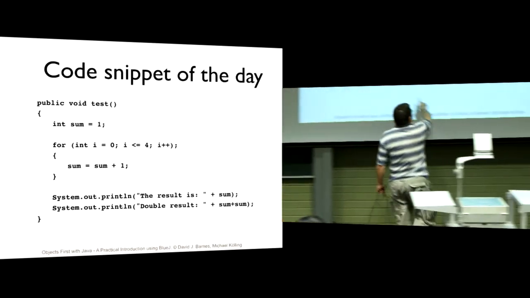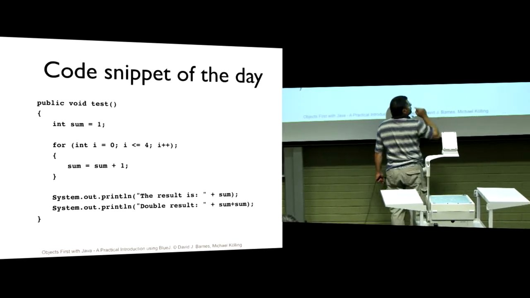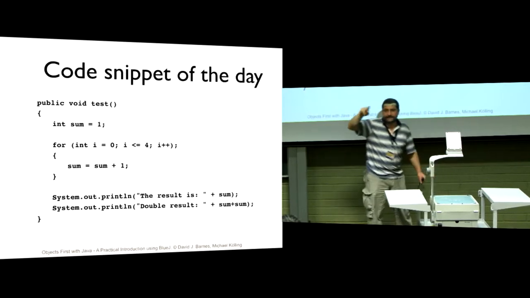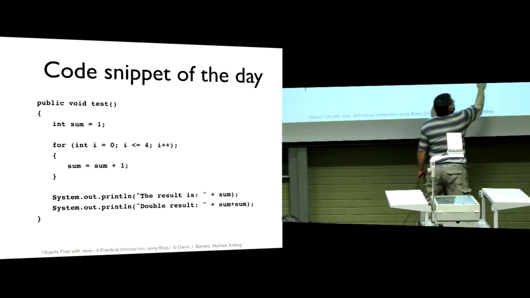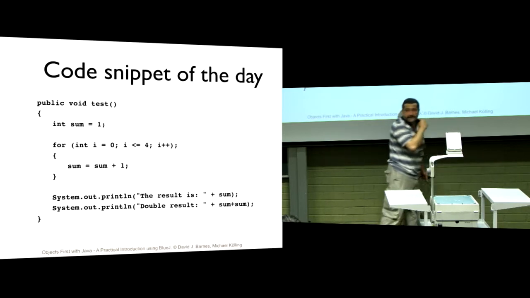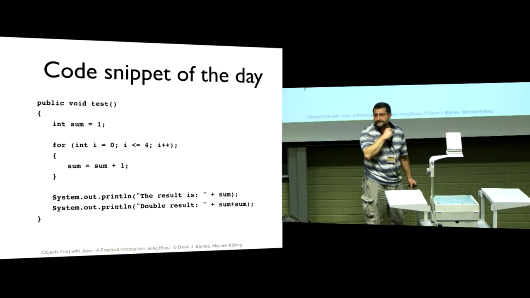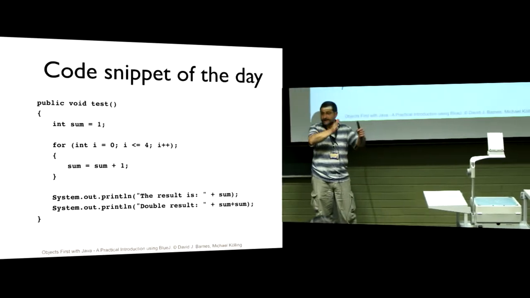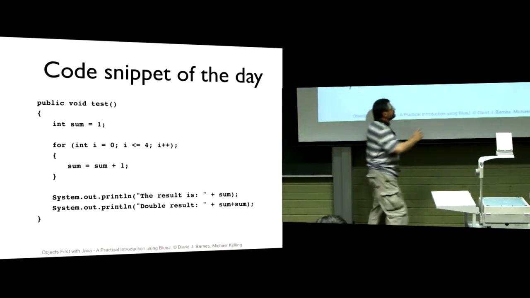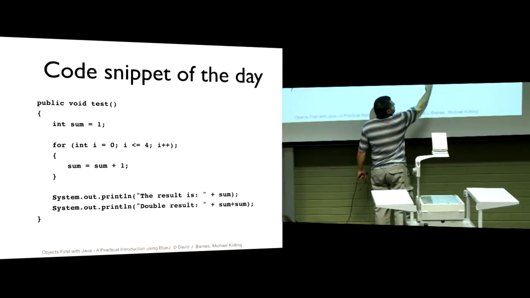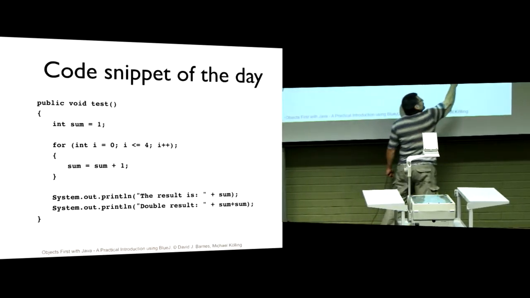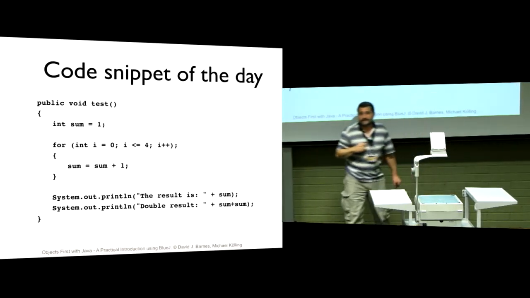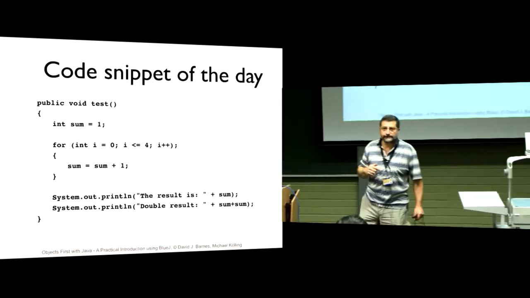So what we're actually doing with the second one, with the double result, is turning sum into a string. In other words, it's the digit 2. And plus means what when you're talking about strings? Not addition, but you're concatenating strings. So this is the concatenation of the string "double result: " with the digit 2 and the digit 2 again. That's why we get 22 as the result of that one.